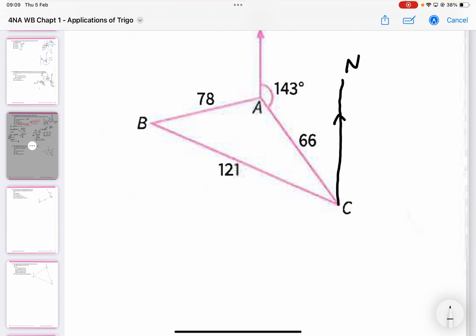Then the angle must be measured from the north until it reaches this line, and it must be in the clockwise direction. So the angle goes like this until it reaches here. This is the bearing of A from C.